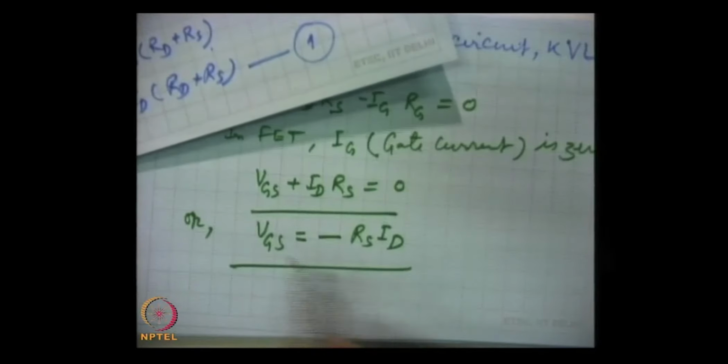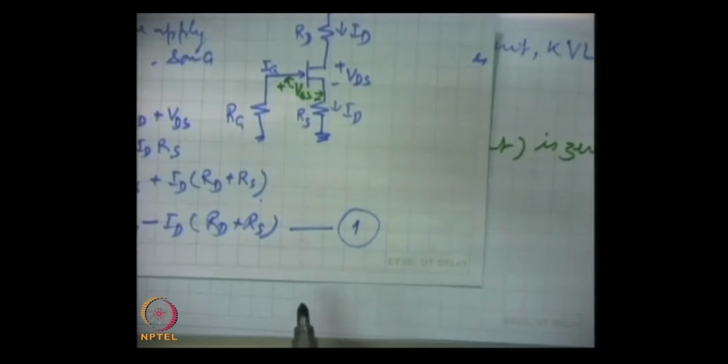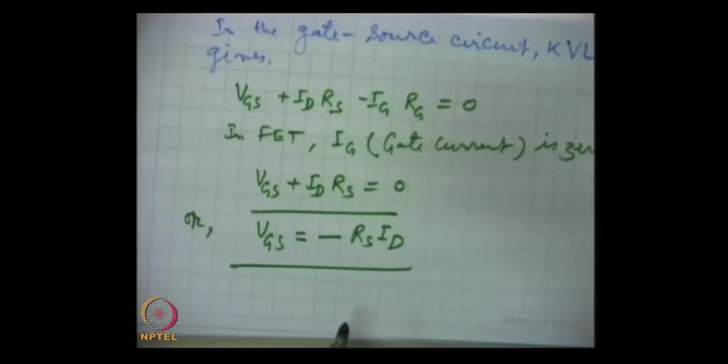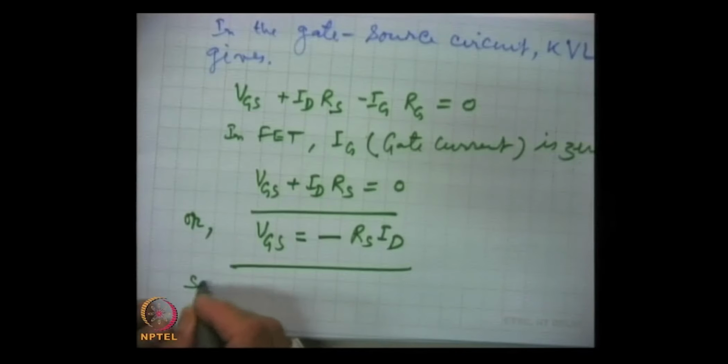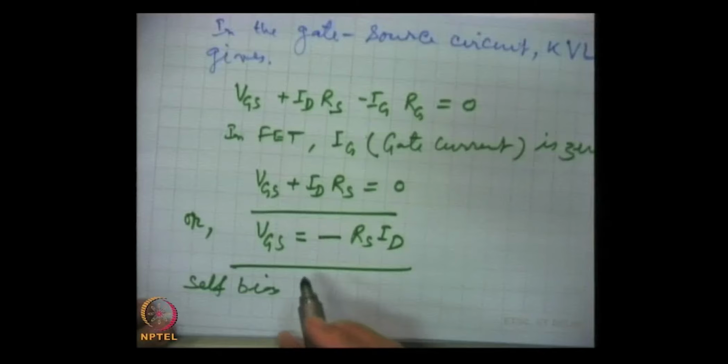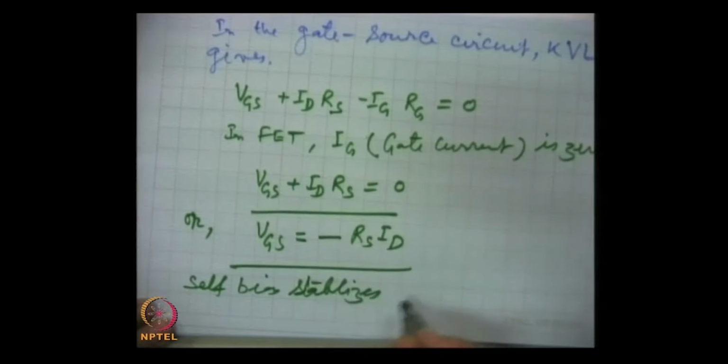Of course, that will depend on ID as well. So, this total drop across this resistance gives the voltage. Now, we say that, this is very important, self bias stabilizes the operating point.